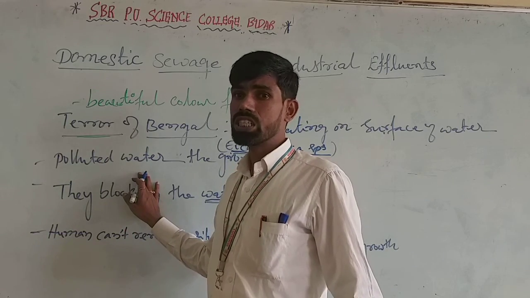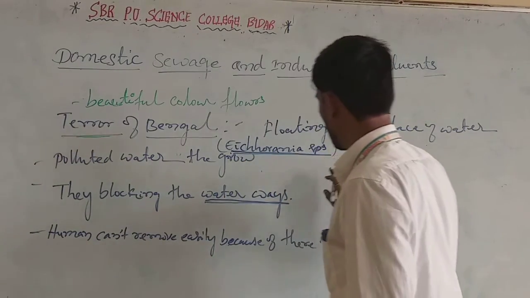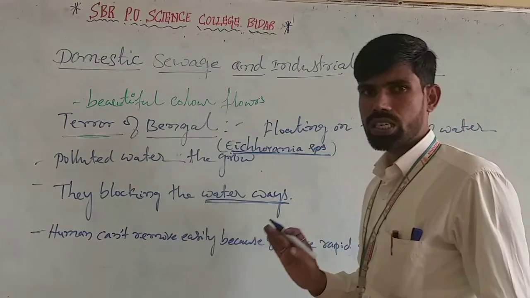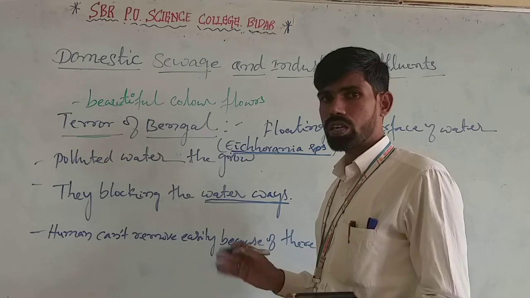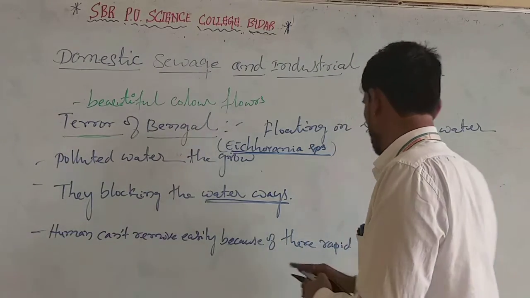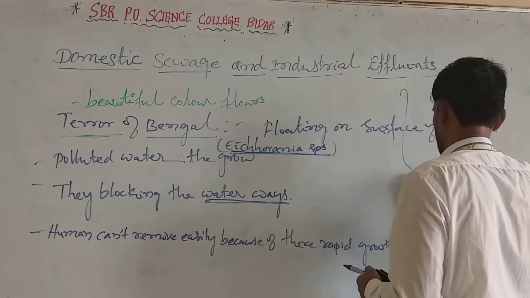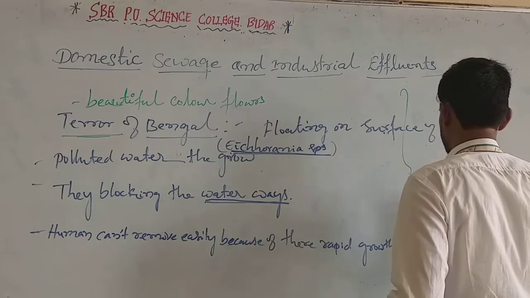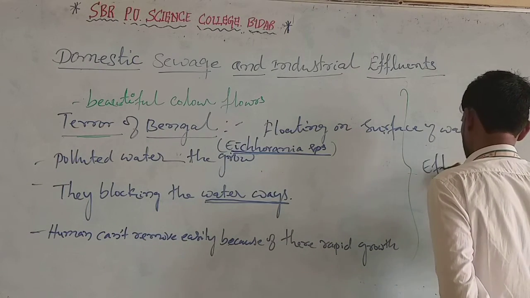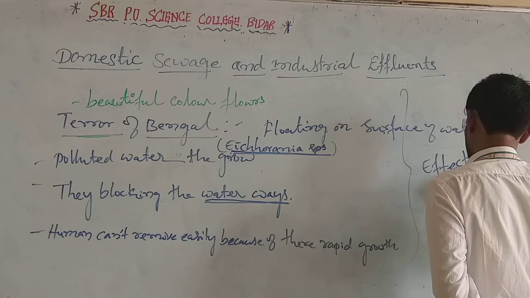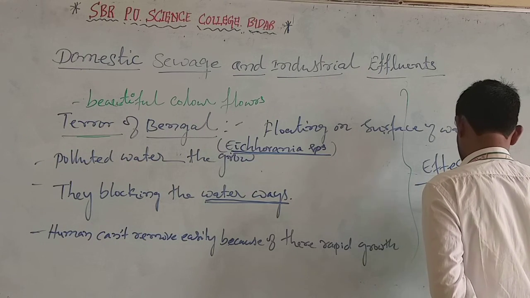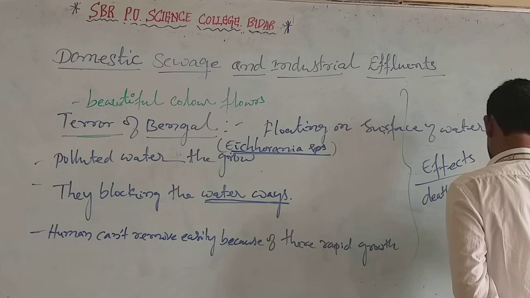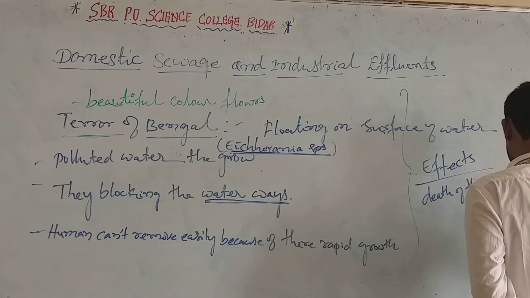So it creates disturbance. When they are growing, as we have already discussed, the organisms present in the water, the fishes, will also die. The other effects: death of the fishes takes place.